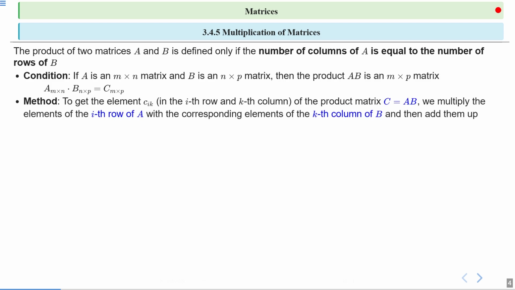So let's see the method to get the element Cik in the ith row and kth column of C. We multiply each element of the ith row of A by the corresponding element of the kth column of B, and then sum these products. This process is repeated for each element in the resulting matrix.